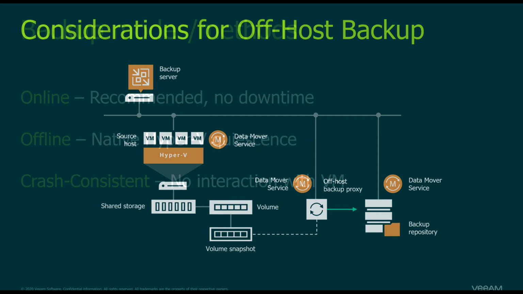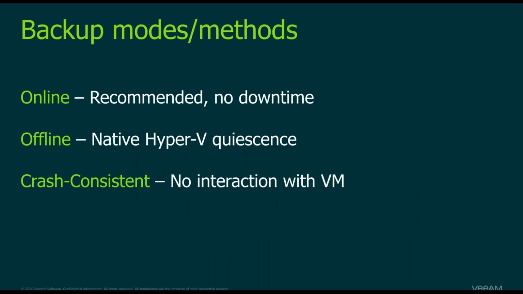So backup modes. These are Hyper-V specific. There's really 3 modes of backup that are available, right? Online is the recommended way to do it, right? This is your Veeam application-aware processing enabled backup. There's no downtime here. The VMs keep running without interruption.